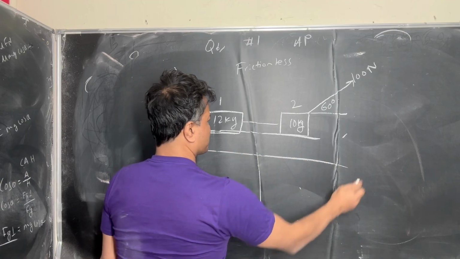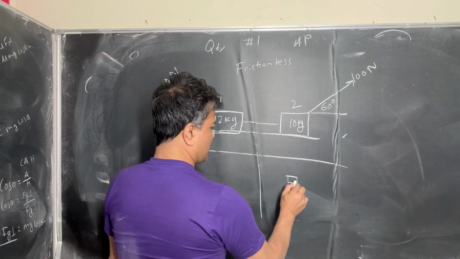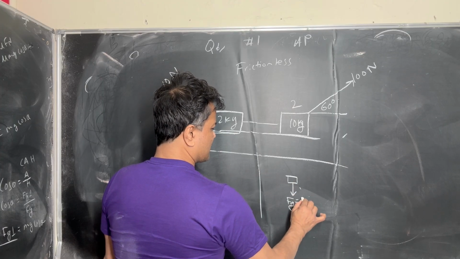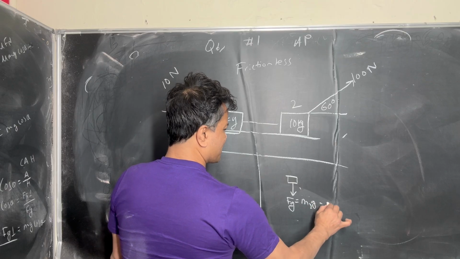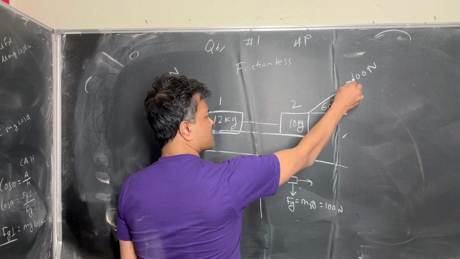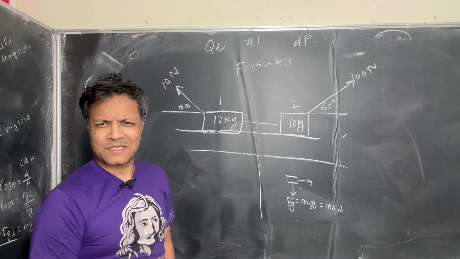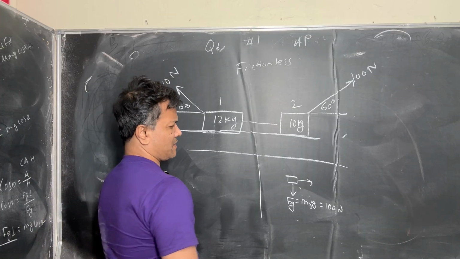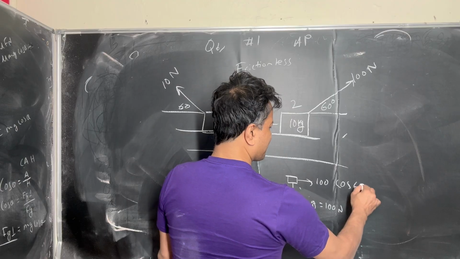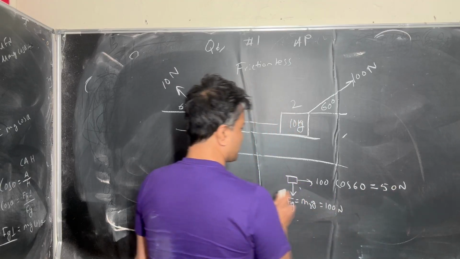So again, this is mass 2. Fg is equal to m2g, and that is 100 Newton. This is 100 cosine theta, so 100 cosine 60, and that would be 50 Newton.